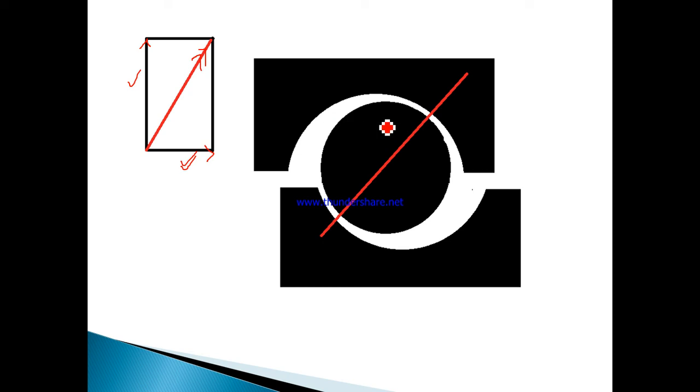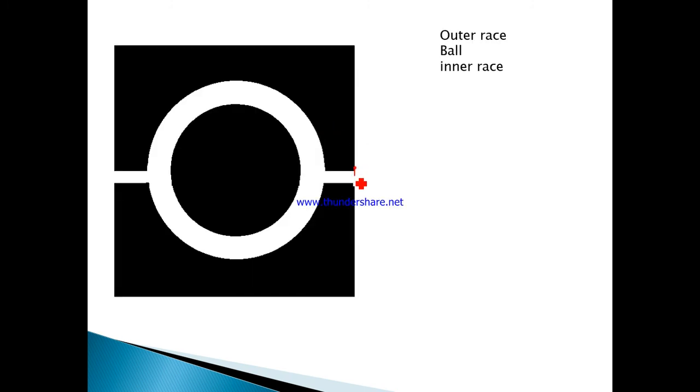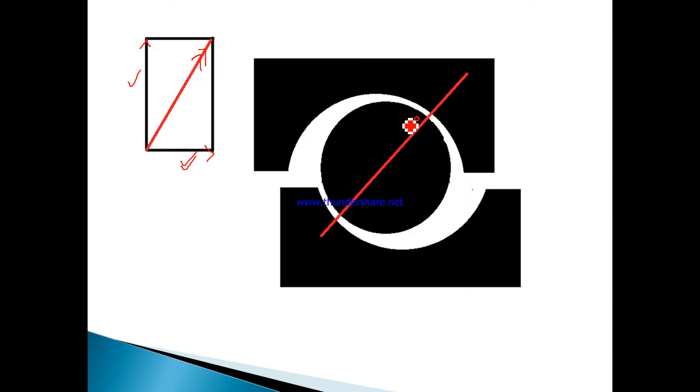At that time I should move. If you see the previous slide, now these positions are at the same point. So if such a kind of axial load is applied due to some reason, what will the maintenance engineer do?